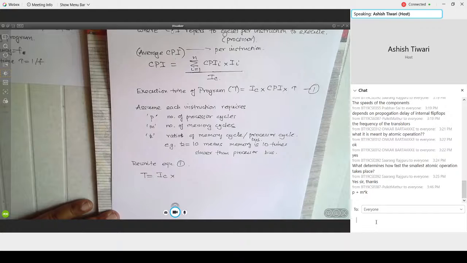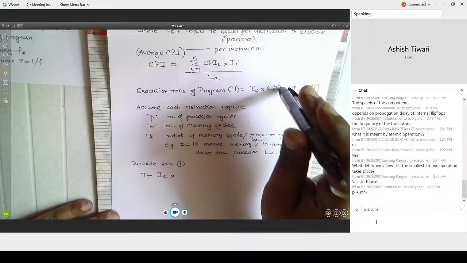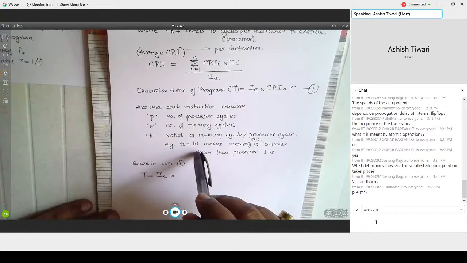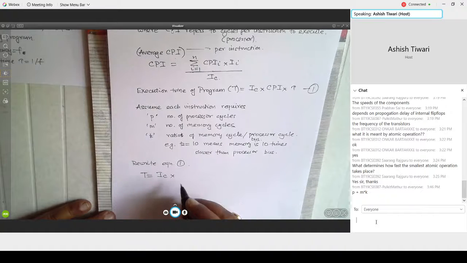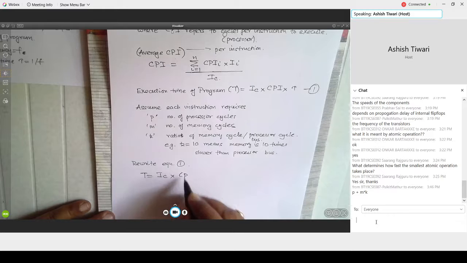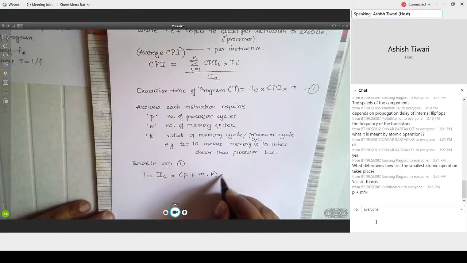Up till now, I was assuming an instruction only requires processor cycles. But now I'm saying an instruction requires both. Pulkit, very good. He says P plus M into K, and this would be tau.